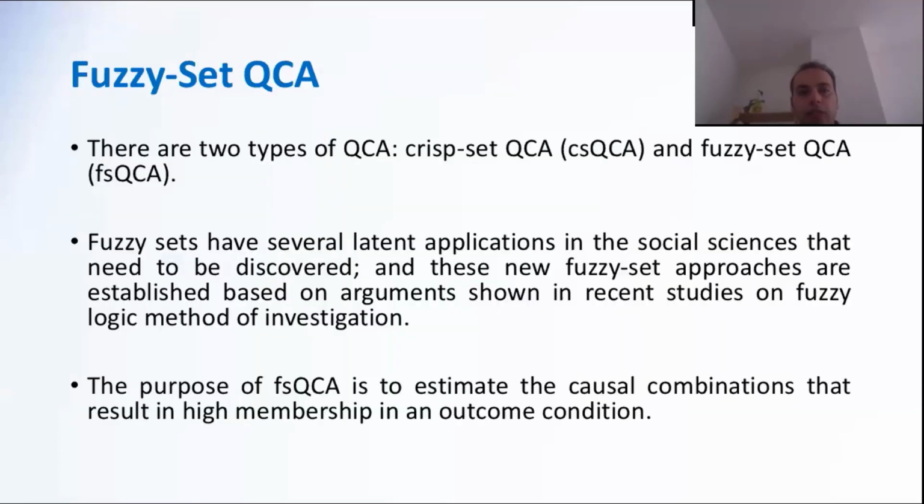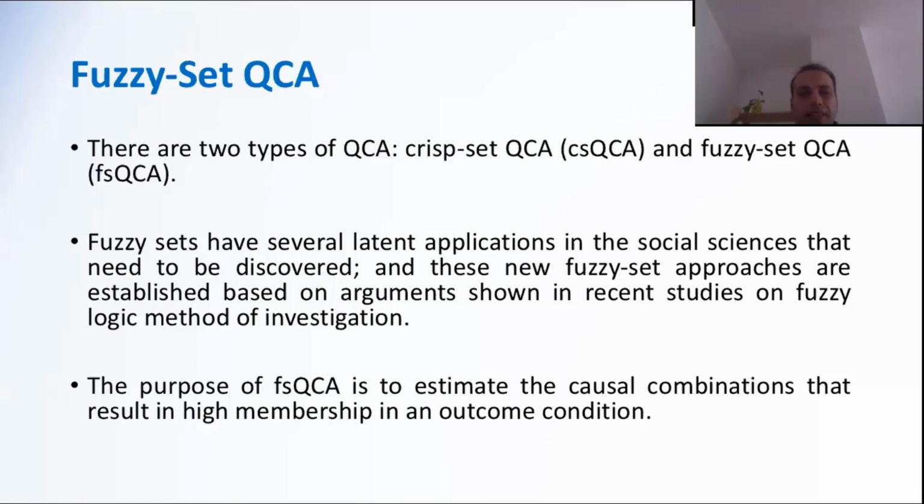Okay, there are two types of QCA, crisp sets QCA and fuzzy set QCA. The main difference between these approaches comes from the way the set membership is assigned. I will elaborate about this in the next slide. Crisp sets are binary values and they're not necessarily nominal.